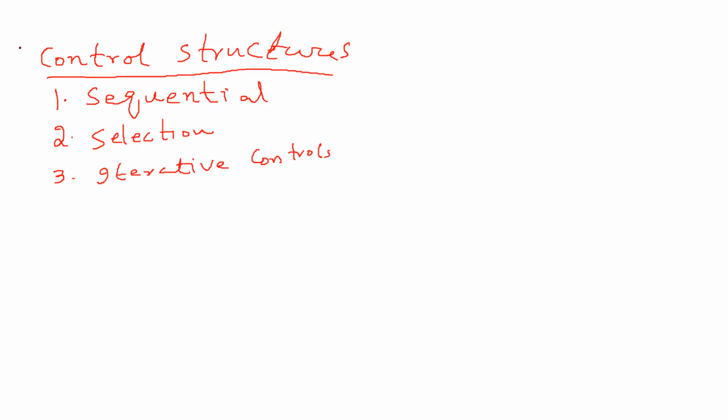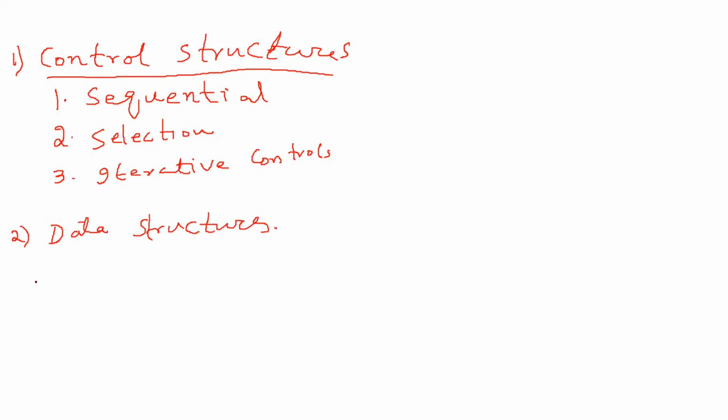The control structures and data structures, these are the 3 main elements in programming. We have to deal with the control structures. In the next semester, you will learn a course named data structures.